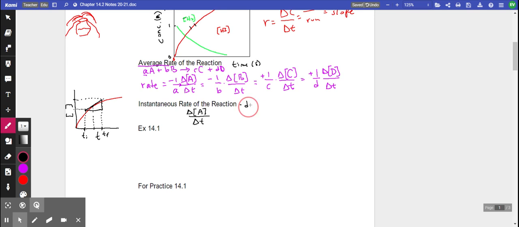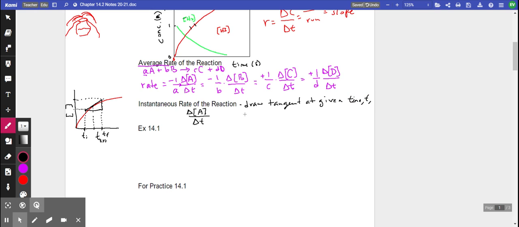We are going to draw a tangent at given t, so whatever the given time is that we want. If that was 10 and that was 40, that would be like 25 seconds. So if it said, what is the rate at 25 seconds exactly, we would have to draw a tangent at 25 seconds.